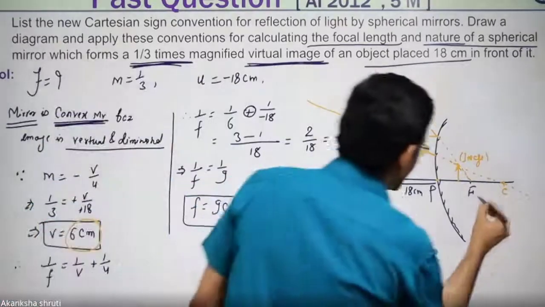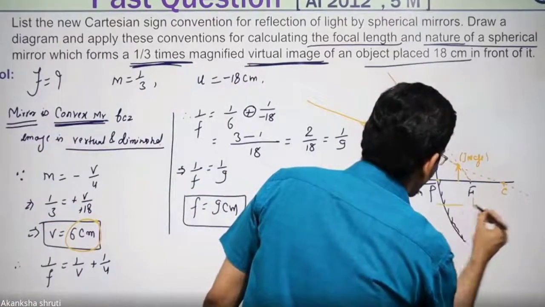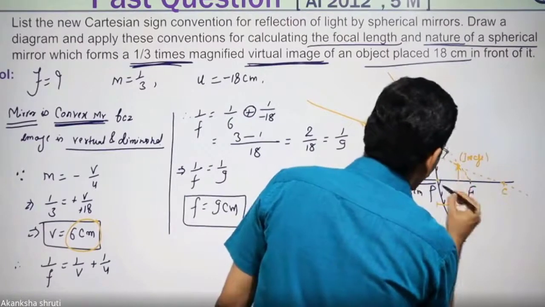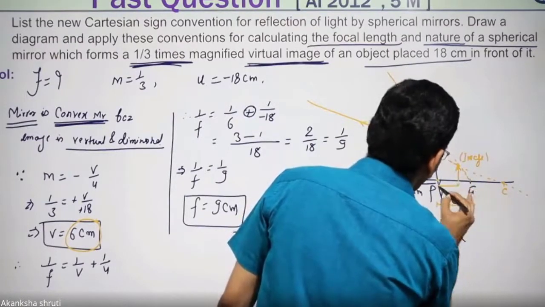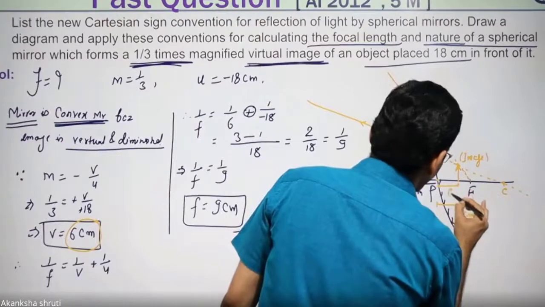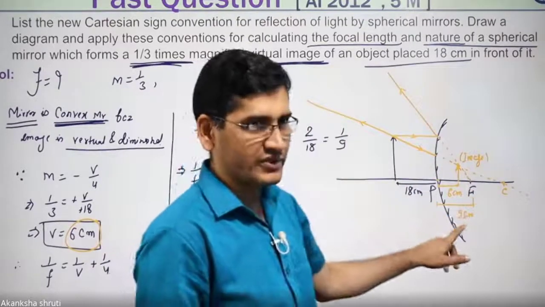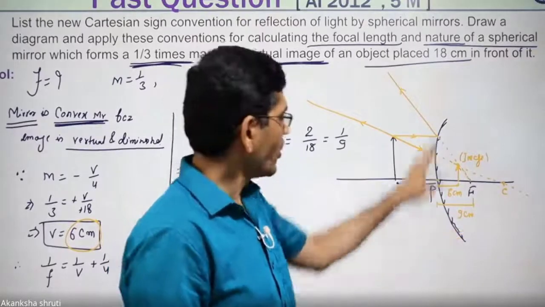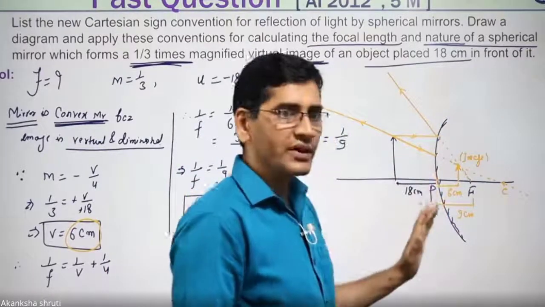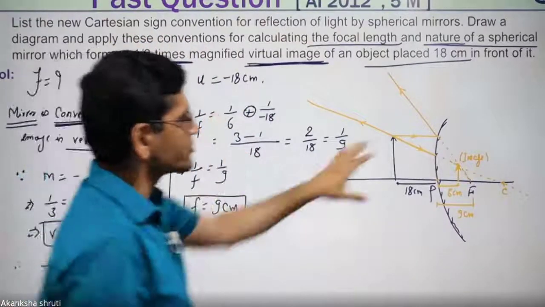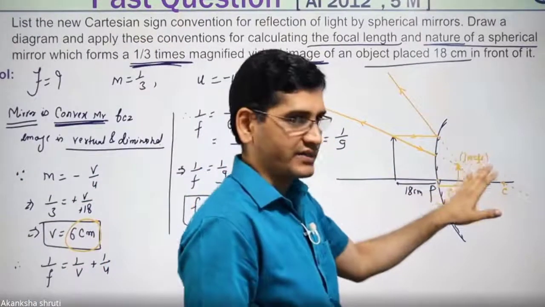Everything is matching. This is our 9 centimeter, the f, but this v is 6 centimeter. This way you have to plot and write this data also in your examination. Okay, now student, do not just randomly draw it, because numerical values are given, so it should appear like that.